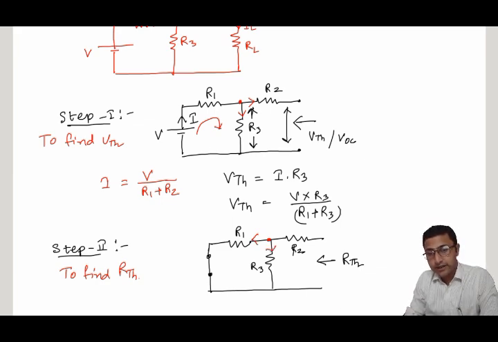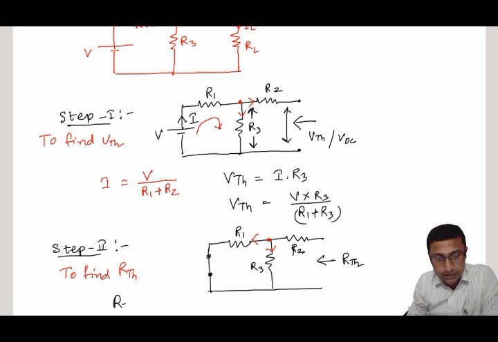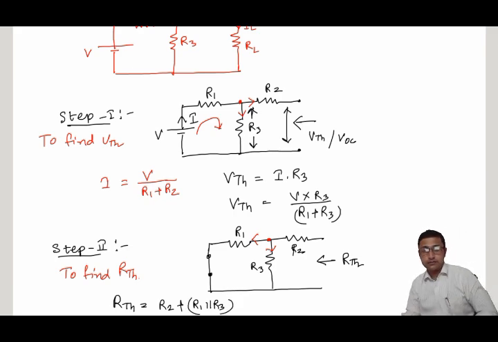So R1 and R3 are connected in parallel, and R2 is in series with them. Your RTH will be R2 plus R1 parallel to R3, right? This is your Thevenin equivalent resistance.